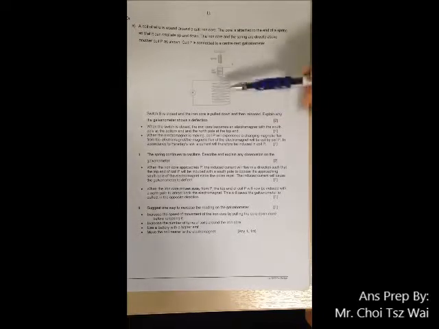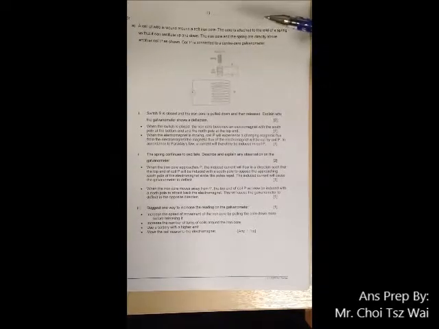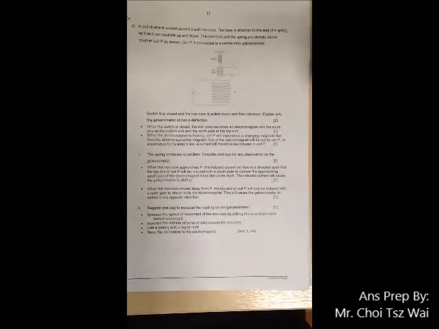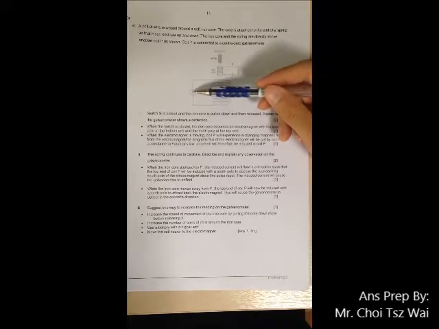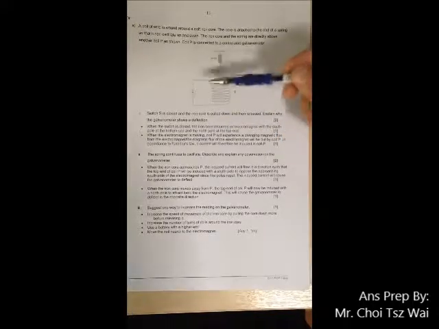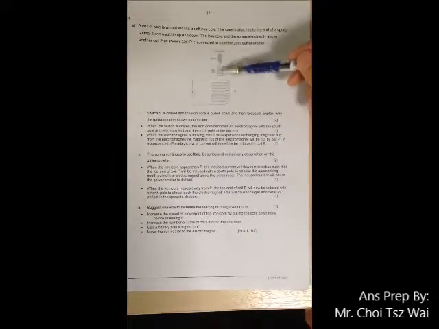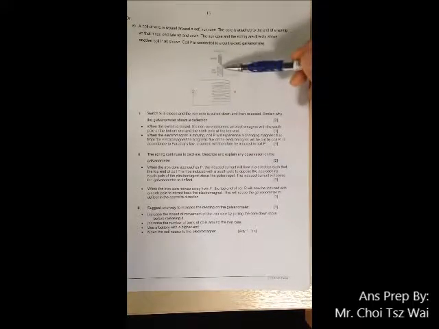Then after that use your Lenz's law to explain why the alternation in the deflection will occur. But remember to state that the galvanometer is going to deflect at the same frequency as the oscillation in the spring here. That is a very important point.